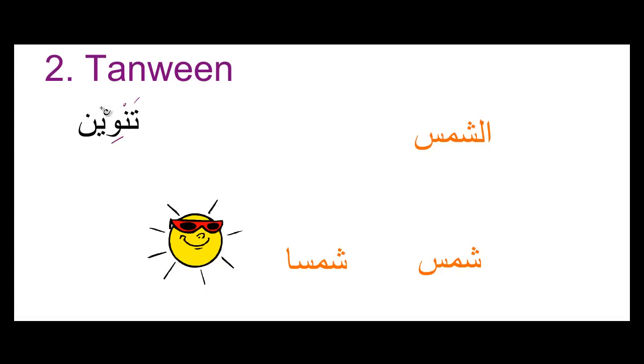And the second part of this lesson is the tanween. To help you understand what the tanween is, let's say, for example, we have the word ash-shams, and shams is actually the sun, if you didn't realize already. Ash-shamsu. Now, at the end of this word, we've put one vowel. But if we were to remove the alif lam, then what we have to do is add a double vowel. And so this double vowel is known as tanween.